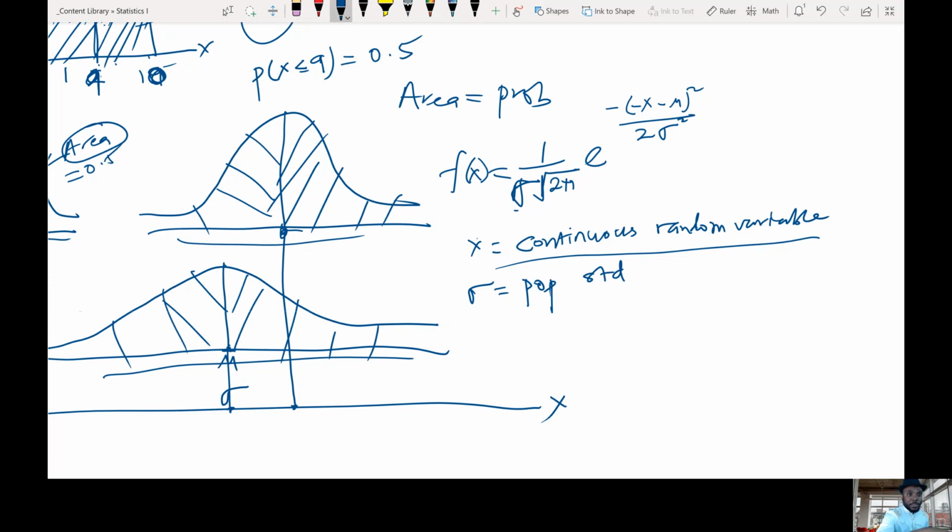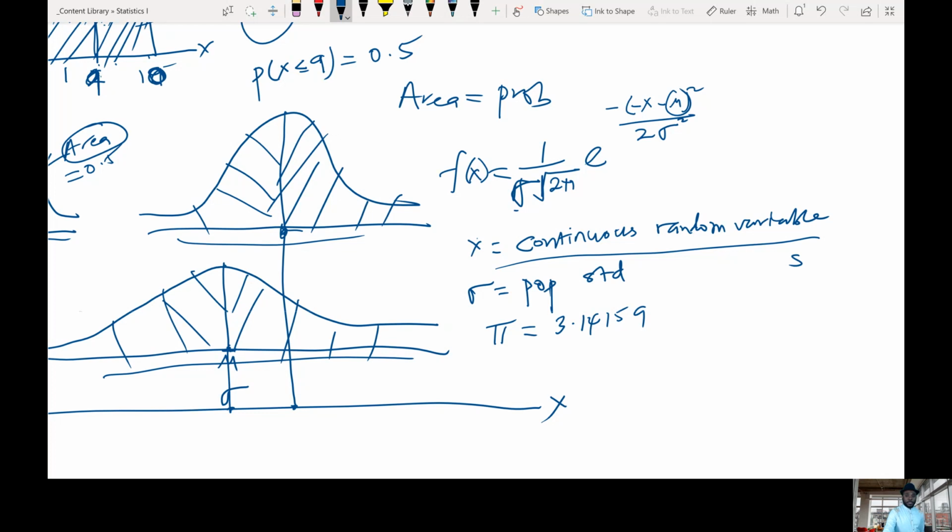Remember, the sample standard deviation, which we looked at in chapter 3, is just S. Now, you know what pi is, about 3.14159. And e is the base of the natural log, which is about 2.718. And mu, of course, we know is the population mean. That's this mu, the population mean.